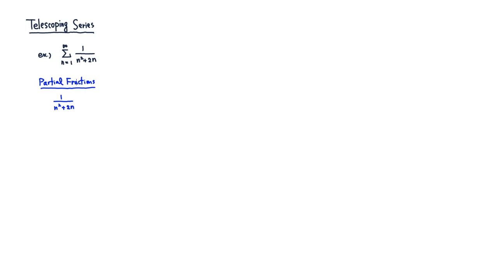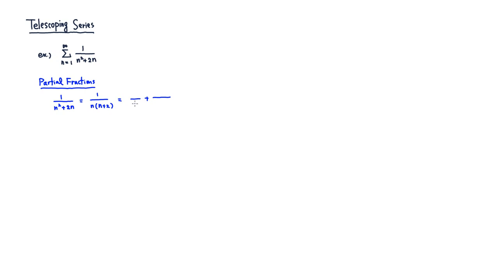What we're going to do is factor out the denominator. Both terms have n in them, so I'm going to pull n out, and you have 1 over n times n plus 2. So we can split this fraction into smaller fractions using the factors of the denominator.